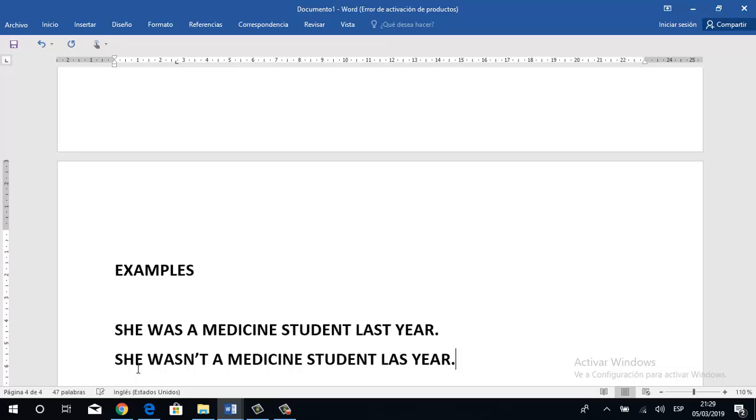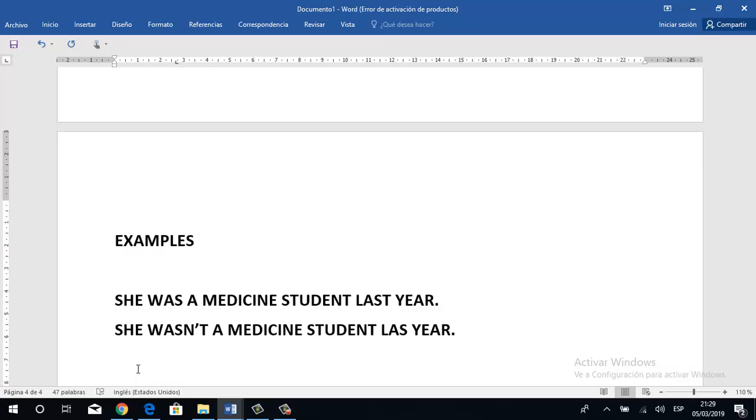So it's the same. And then we have the interrogation, which is just moving, like saying: was she a medicine student last year?